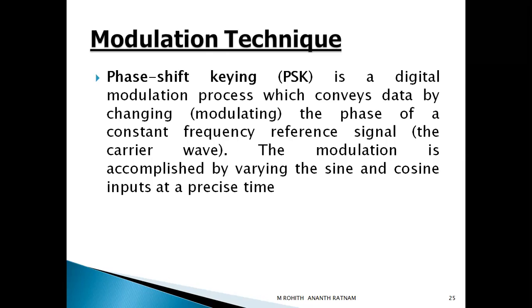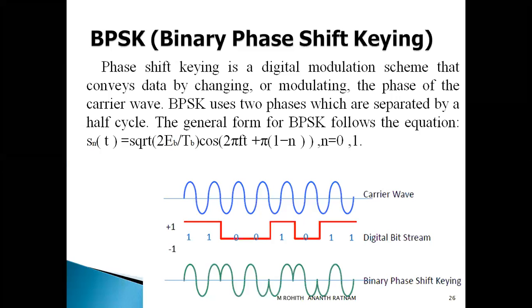So in phase shift keying, what happens when binary values are transmitted? When the data shifts from 1 to 0, surely a phase shift will happen. That is why we have named it phase shift keying. In this we have two types: binary phase shift keying and quadrature phase shift keying.